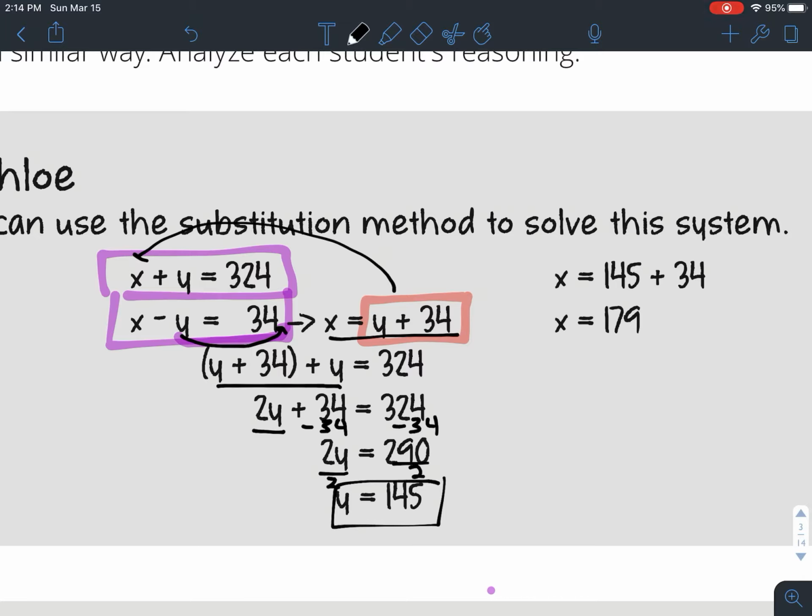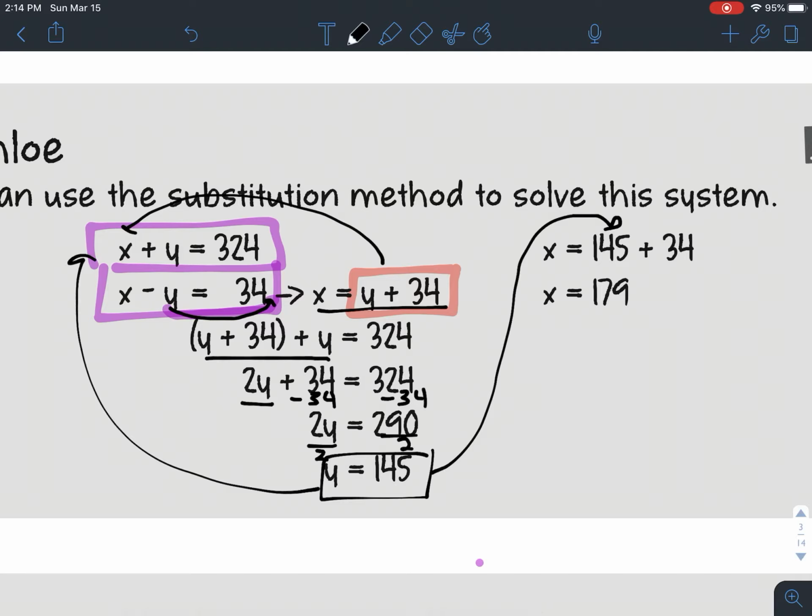Next, she takes the Y equals 145 back up in the front, puts Y is equal to 145, which moves right here, plus 34, because we know that there's 34 more females than males, and gets the X equals 179. Same way to solve, just a little more complicated.